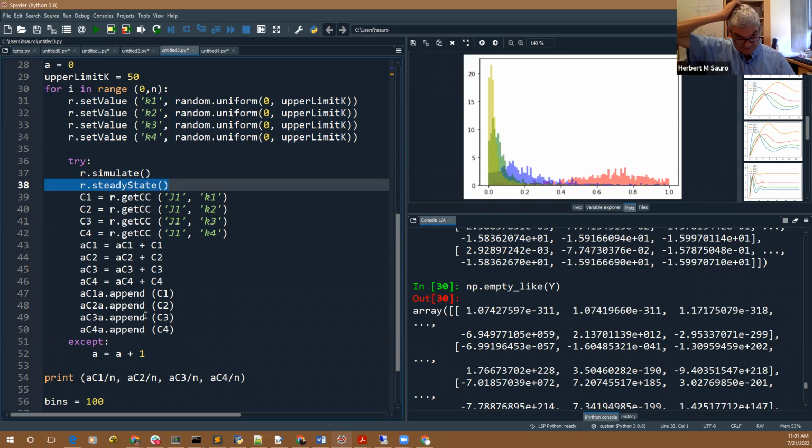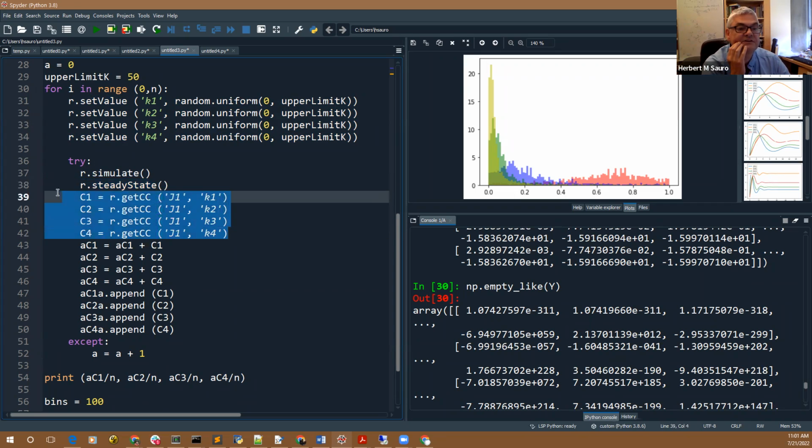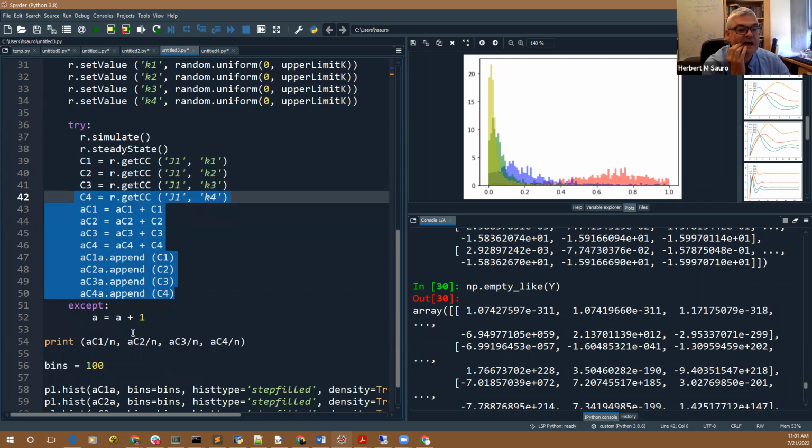So I randomize the parameter values, compute the steady state, collect all the sensitivities, and accumulate them in a long list at each step, and then I take the mean.